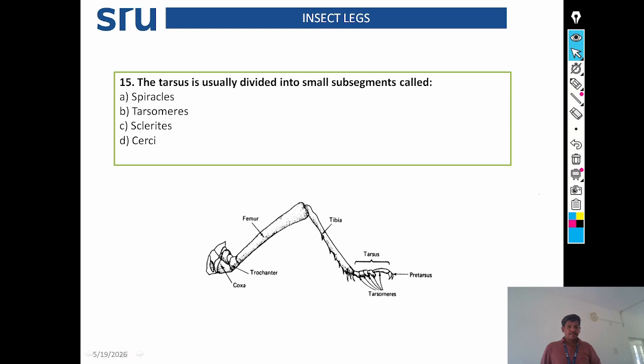The tarsus is usually divided into small segments called tarsomeres. The basal tarsomere is somewhat larger. We are calling that the basitarsus.